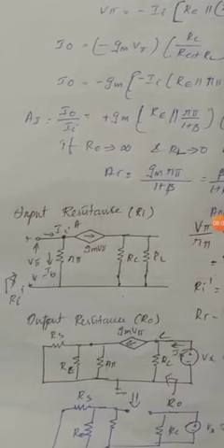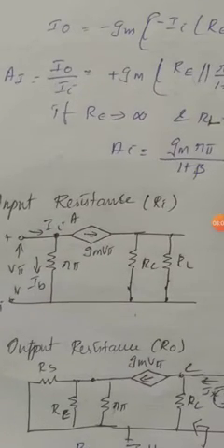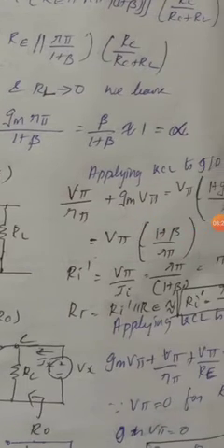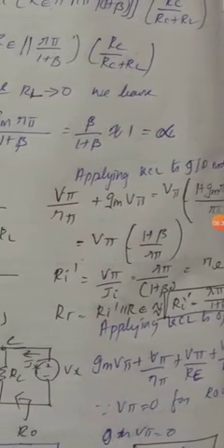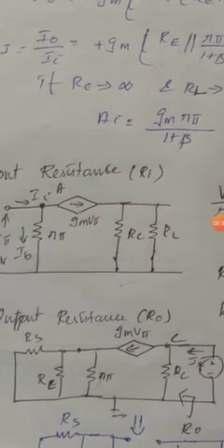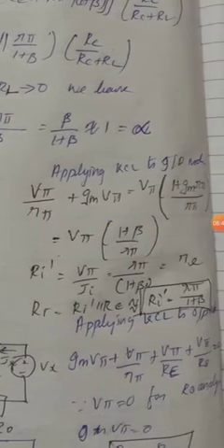Next we have to find the input resistance. This is our circuit for the input resistance. First we have to find Ri dash, then go for the parallel combination of RB with Ri dash. To obtain the input resistance, we apply KCL to the input node. GM V pi is leaving, V pi by R pi is leaving, and IB is the only current entering.